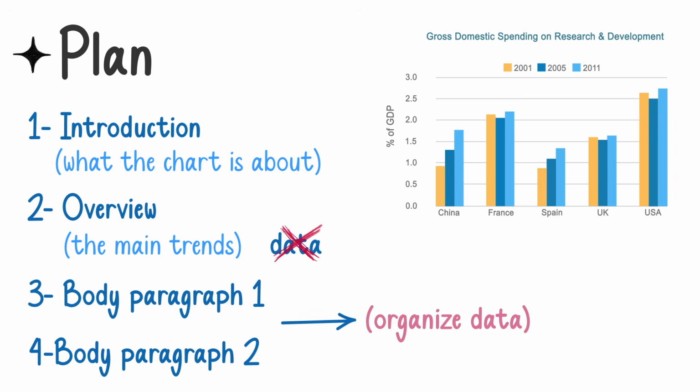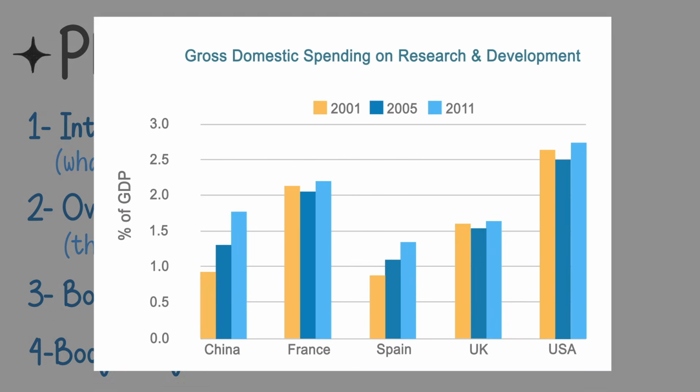when appropriate, all right? Now, before writing our overview paragraph, of course, right now we're not going to write it. Let's see what the main features or trends are. So when you take a look at this chart, you'll see that there is an upward trend in the spending of all of the countries here.